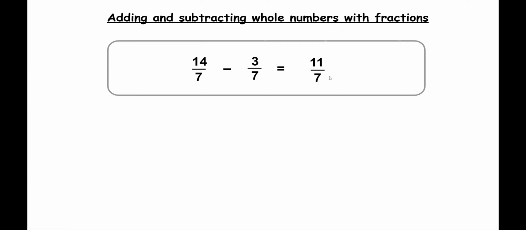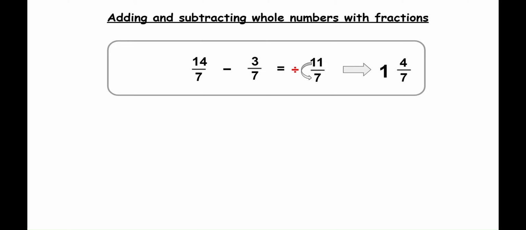Now notice we have a certain type of fraction here. That's right, this is an improper fraction. And improper fractions can be converted into mixed fractions by dividing the numerator by the denominator. So 11 divided by 7 equals 1. So 1 is going to be the whole number of our mixed fraction. And our remainder is going to be the numerator, and the denominator is going to be the same as in the improper fraction.